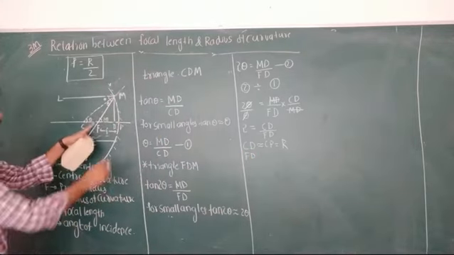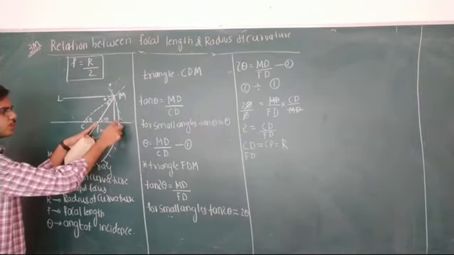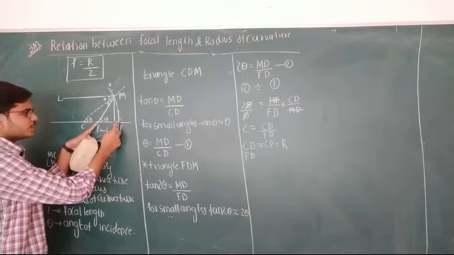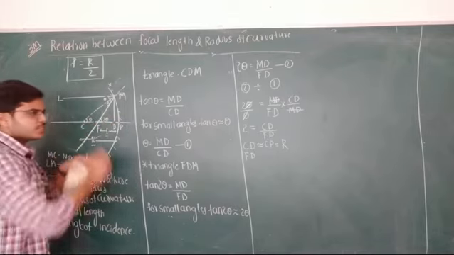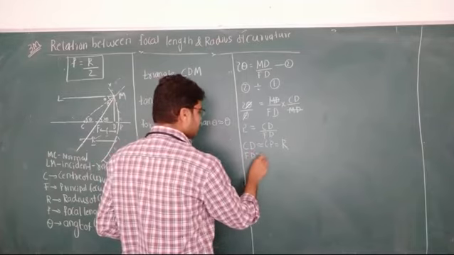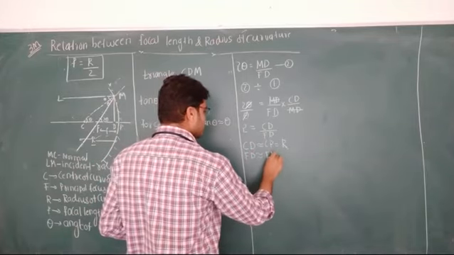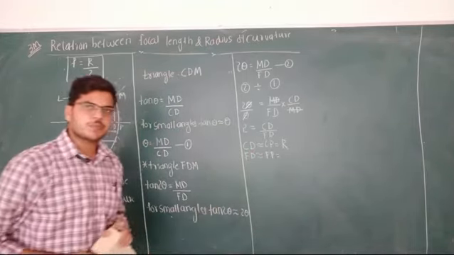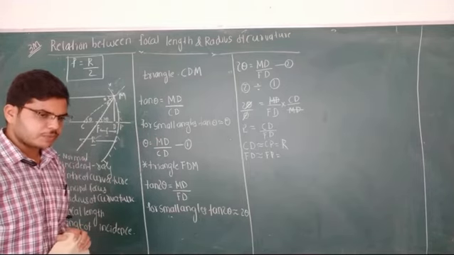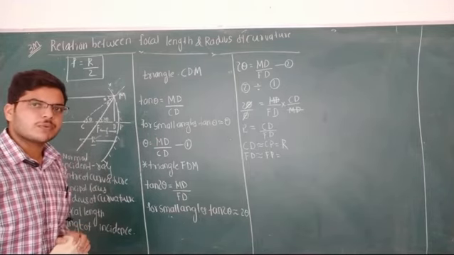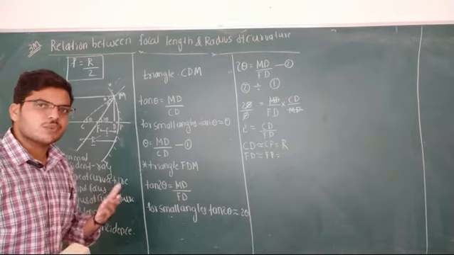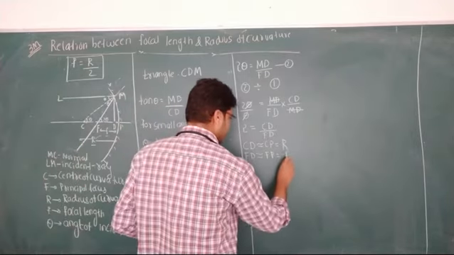This distance F to D is nearly equal to F to P, because this distance is very small. What is FP? The distance between pole and the principal focus is nothing but focal length. Therefore, you take it as f.